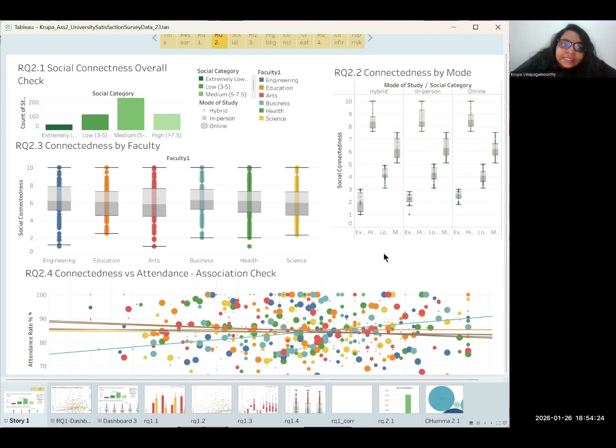Comparing against attendance, again, there was no expected pattern, because students that feel low connectedness often have great levels of attendance. Now, this might be because attendance is compulsory, but again, our initial intuition struggles a lot.